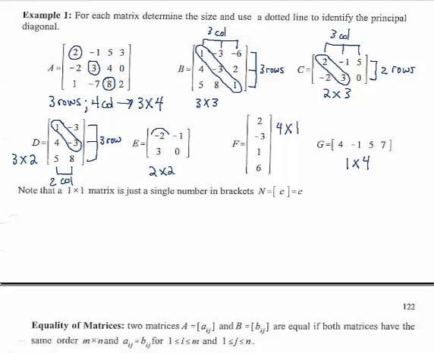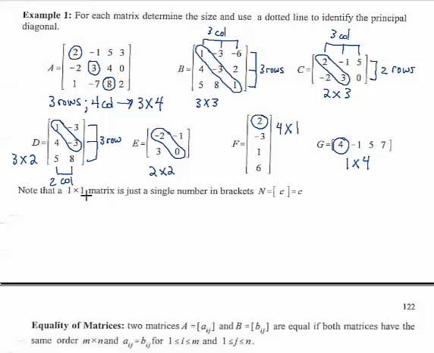E, 2 and 0 make up the principal diagonal. F, there's only 1. We can't go down 1 and over 1. There is no second column. And then for G, there is no second row, and so 4 ends up being the only number in the principal diagonal of G.